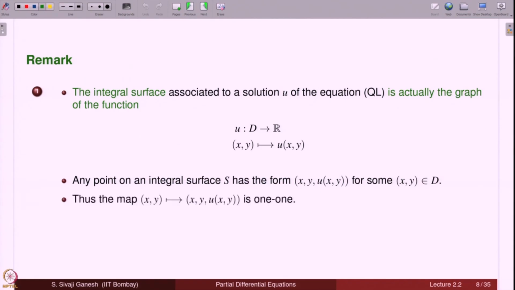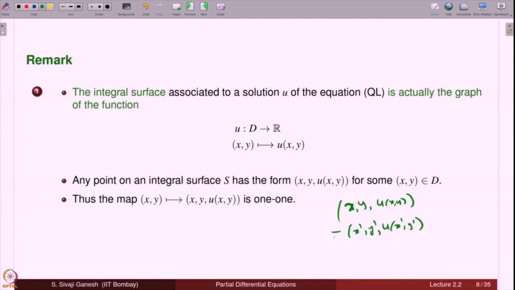Therefore, this map, x y going to x y u x y, is 1 to 1; a graph is always 1 to 1. The moment x y is different from x dash y dash, because the first two coordinates are different, the triples x y u x y will be different from x dash y dash u of x dash y dash.